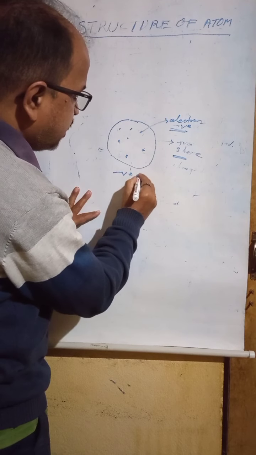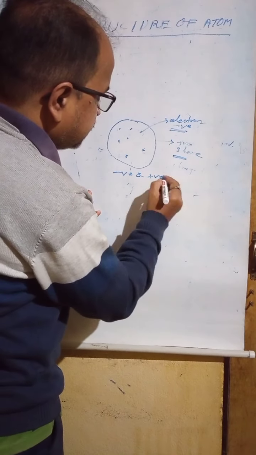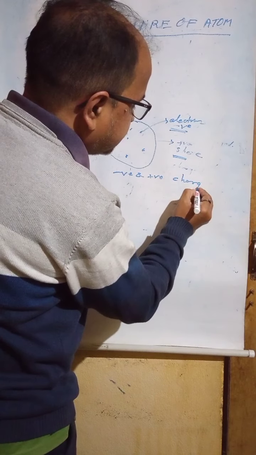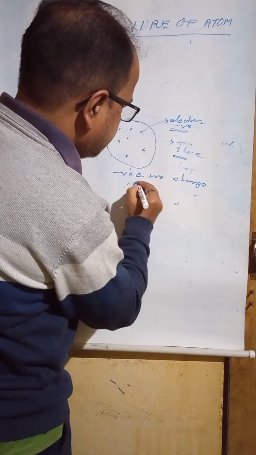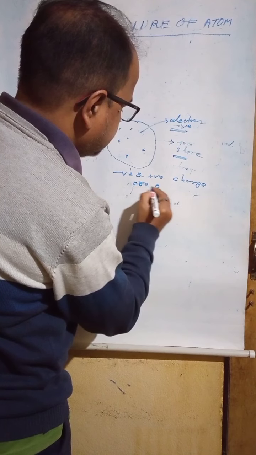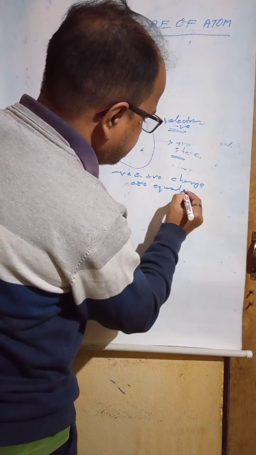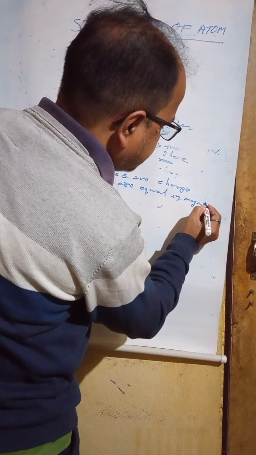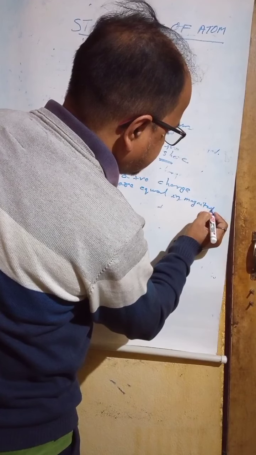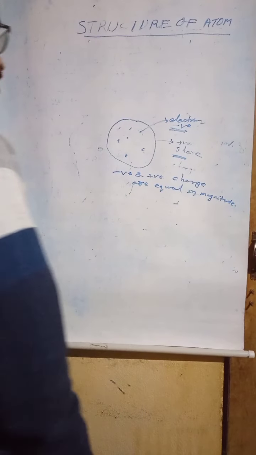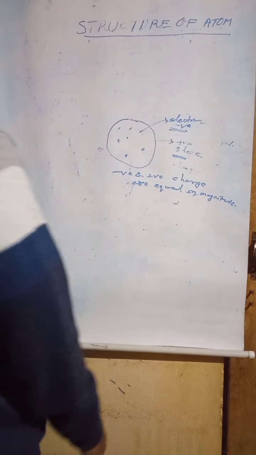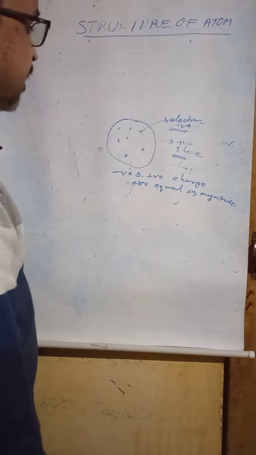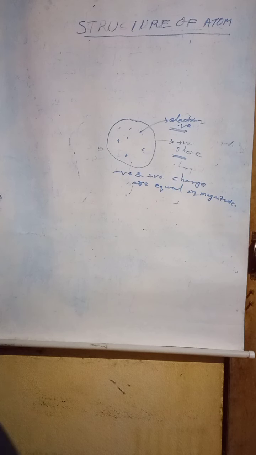He told that there is a positive sphere and inside it negative electrons are embedded, and it also told that the negative and positive charges are equal in magnitude.